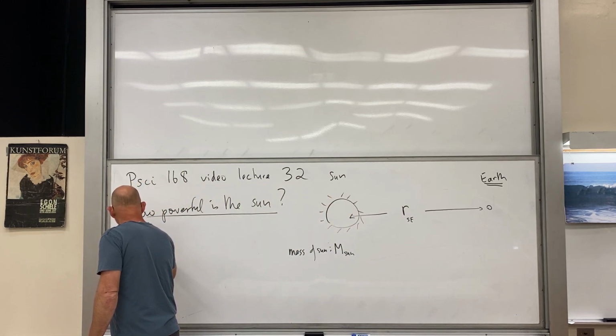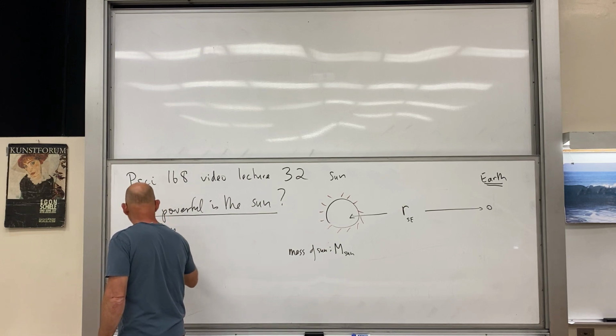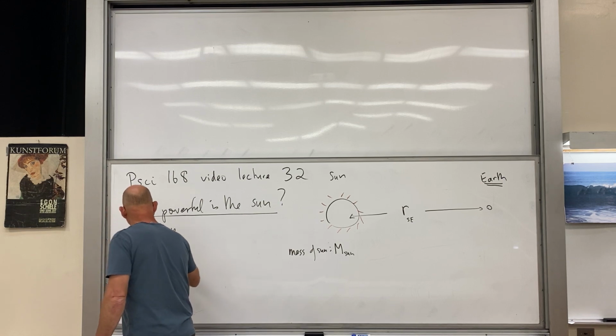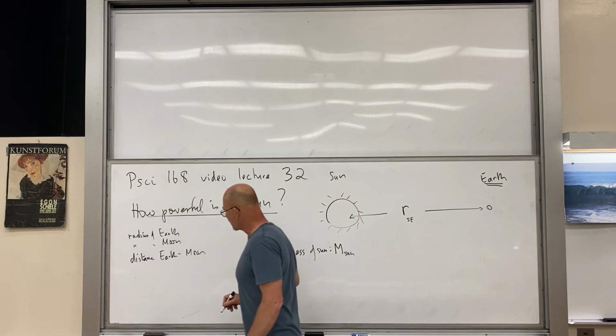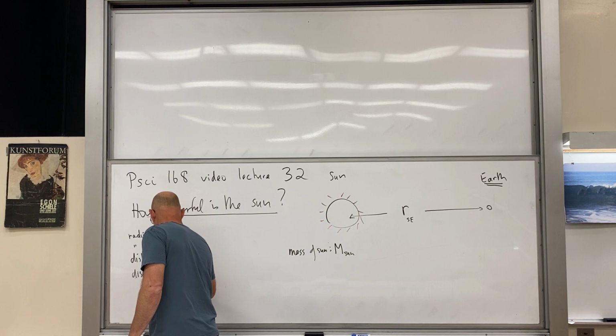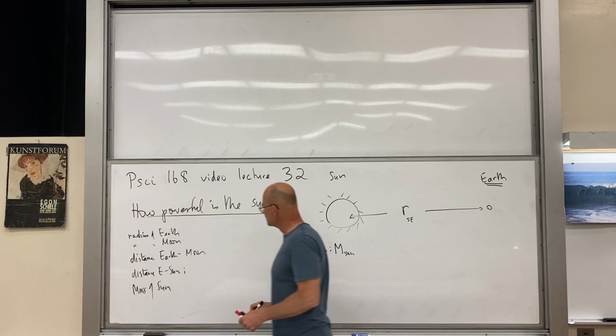We had the radius of Earth, the radius of the moon, the distance Earth to moon, and then we also had the distance Earth to the sun and the mass of the sun and some other ones there.